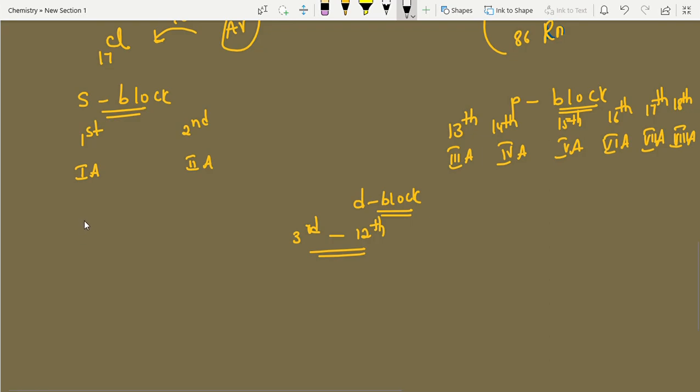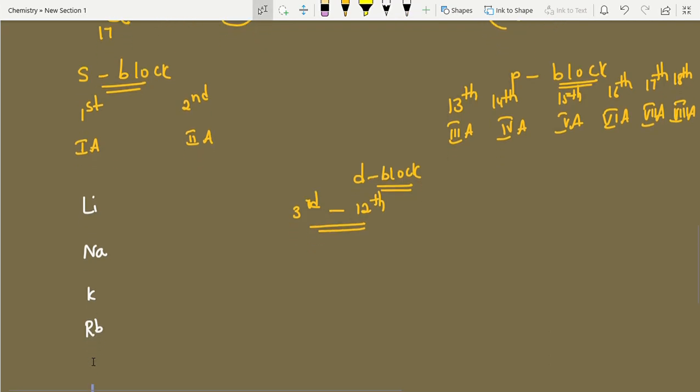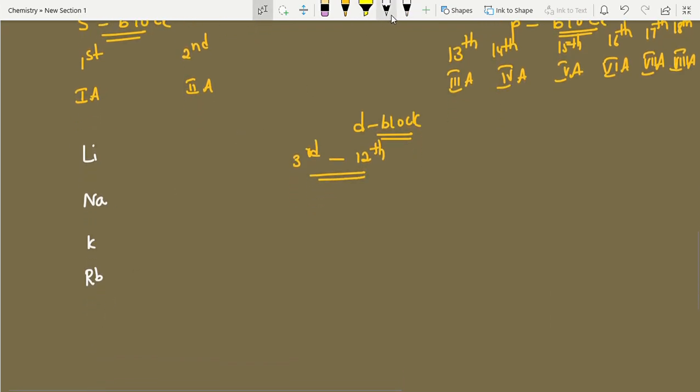First A group elements means we start with lithium. Don't write hydrogen. Hydrogen does not belong to any group. It is at the top of the periodic table, and its position is uncertain. So lithium, sodium, potassium, rubidium, cesium, next francium.